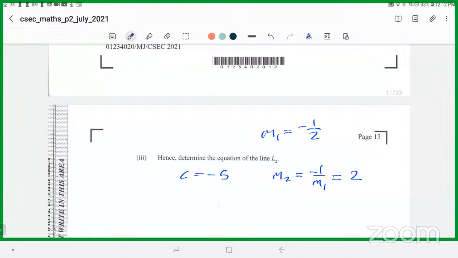Good. And so since we know the gradient and the y-axis intercept, we can write the equation of line 2.